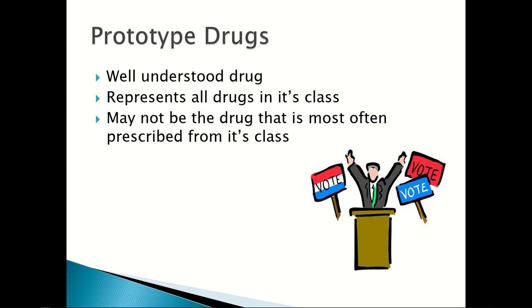I like to make a cultural reference here to help you understand a prototype. Sorry, they're mowing outside. So a prototype is like one representative that would kind of explain the whole class.